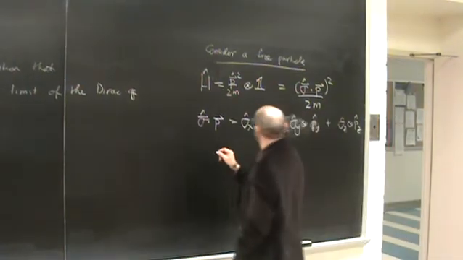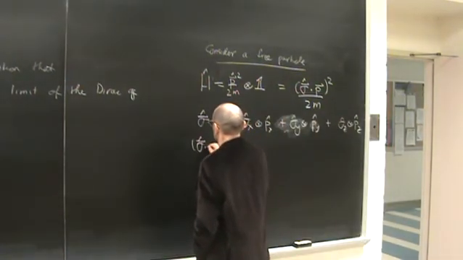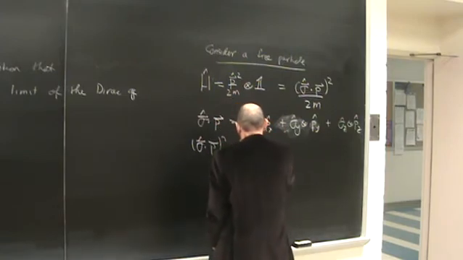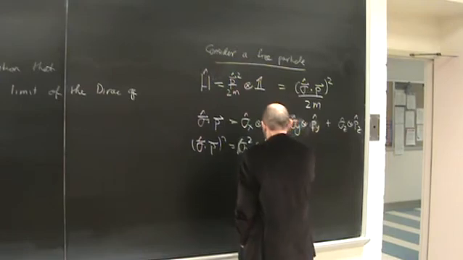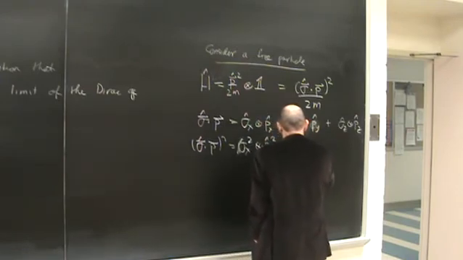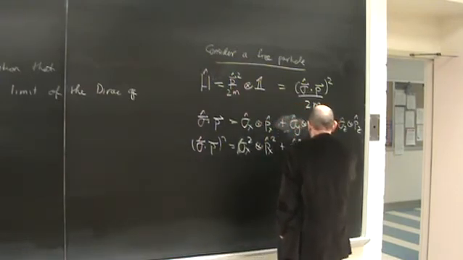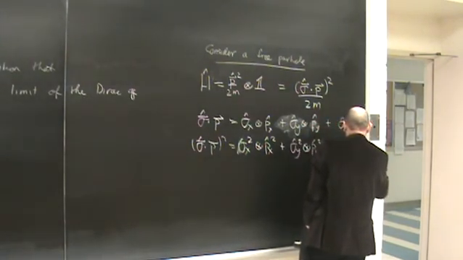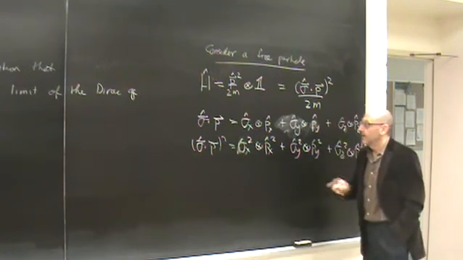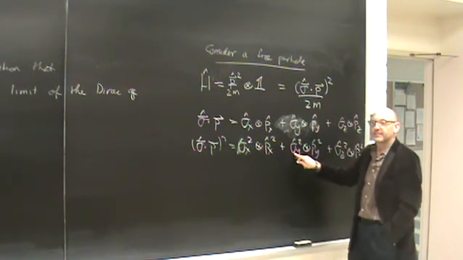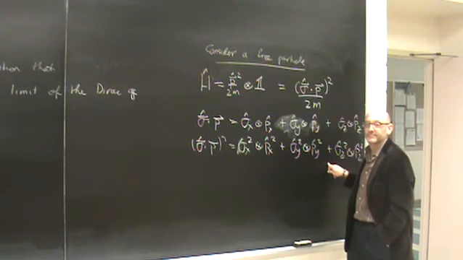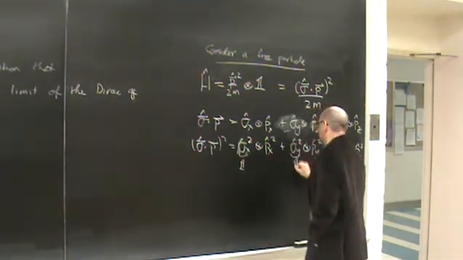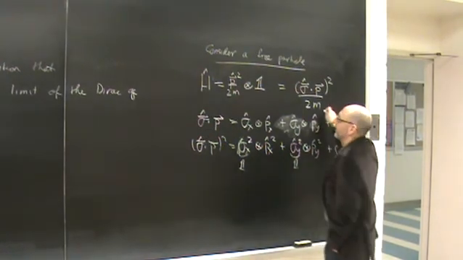And this squared is sigma x squared tensor px squared plus sigma y squared tensor py squared plus sigma z squared tensor pz squared. And each one of these sigma squared is the identity. This is the identity, this is the identity, and this is the identity. So that's that.